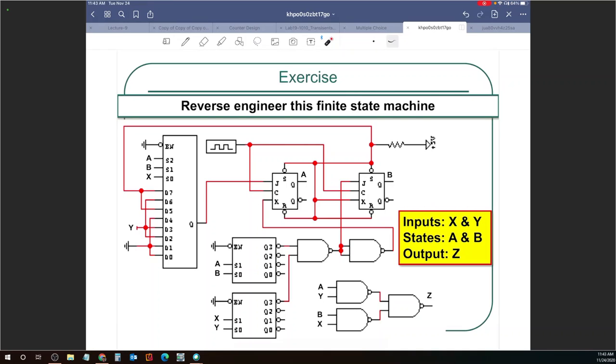So in this particular finite state machine design circuit, we have inputs X and Y. Your states are A and B, and the output of the flip-flop is Z. First question first. Is this a Mealy machine or is this a Moore machine?